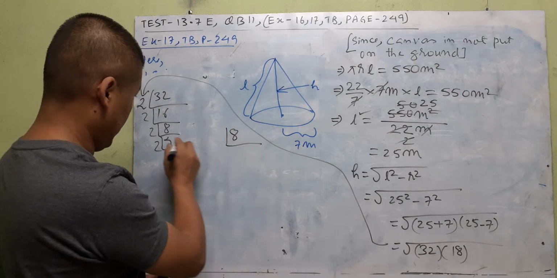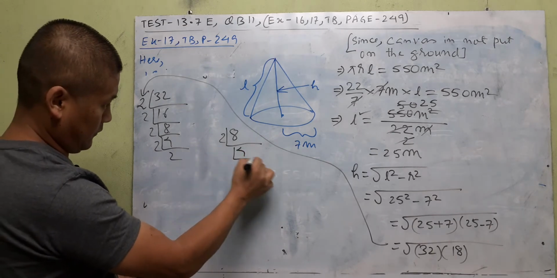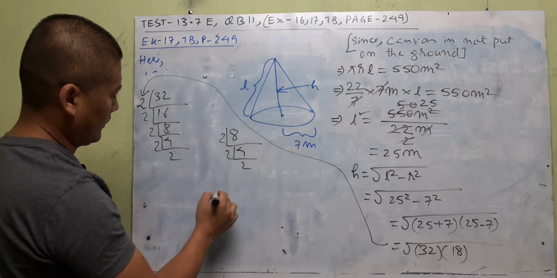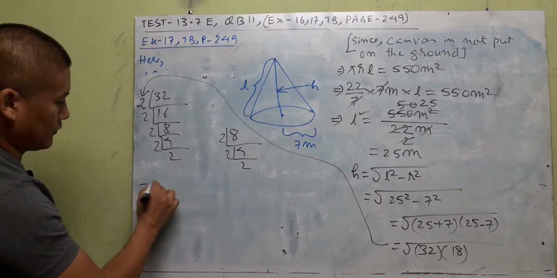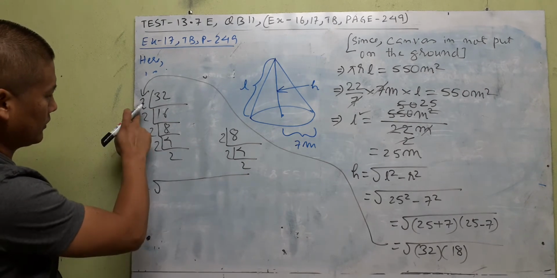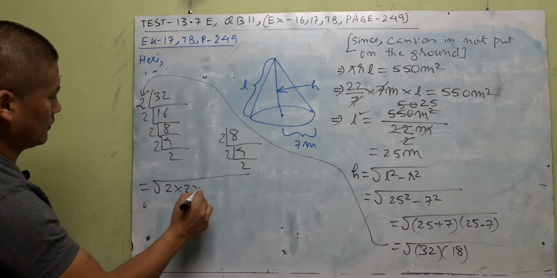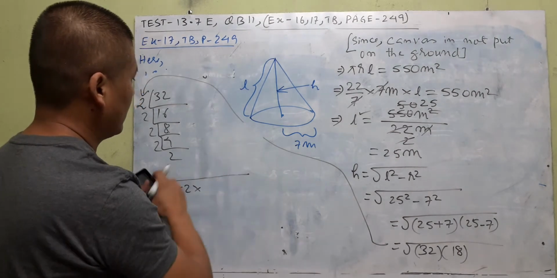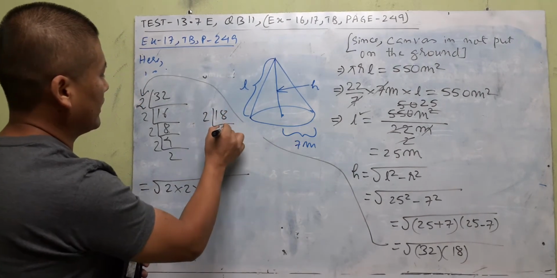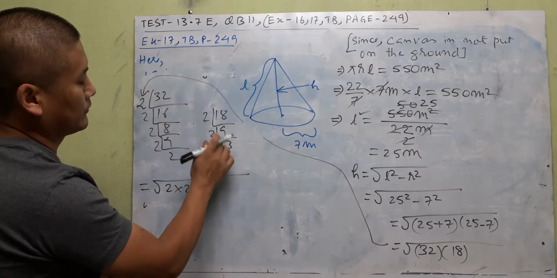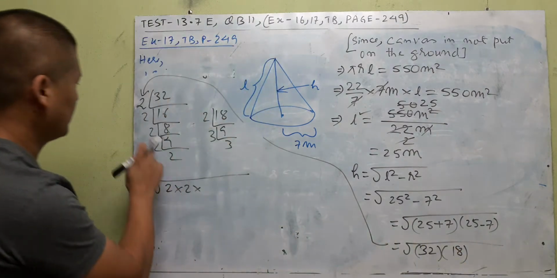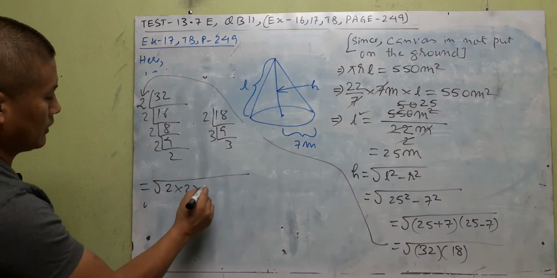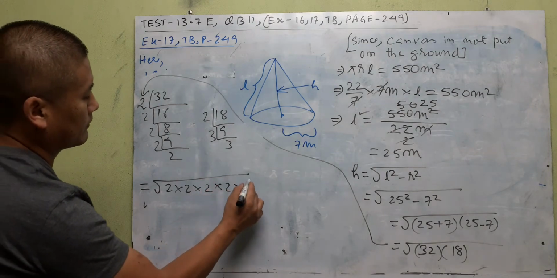Then 8 is here, as you can see from here, 2 4s, 2 2s. So here you'll get equal to root over, for 32 you get this one. No, this is not 8, sorry, 18. So here 2 9s are 18 and 3 3s are 9 for this one.